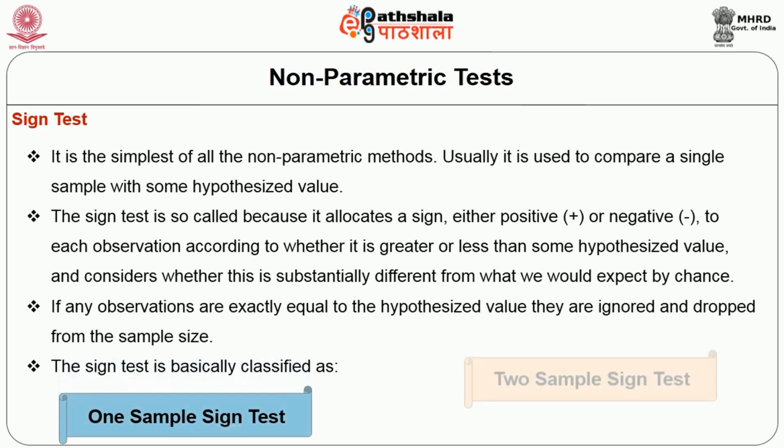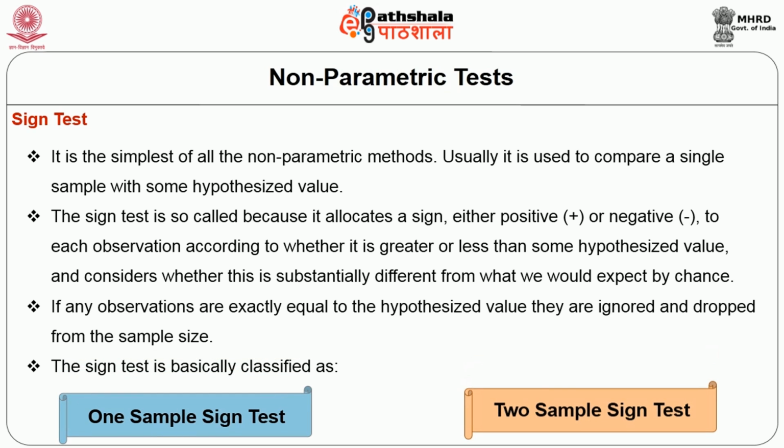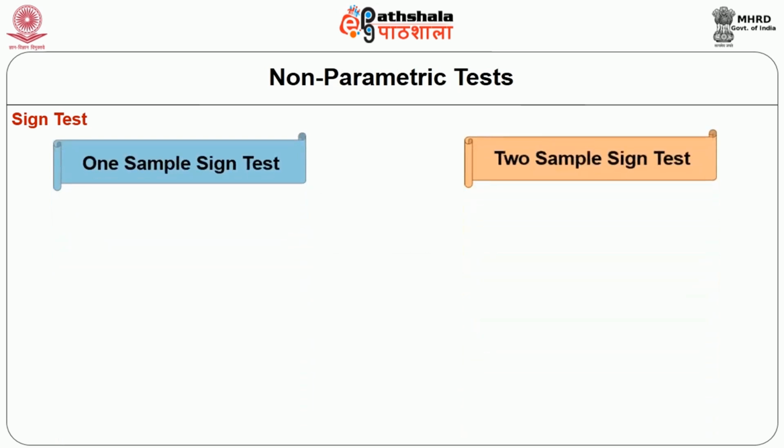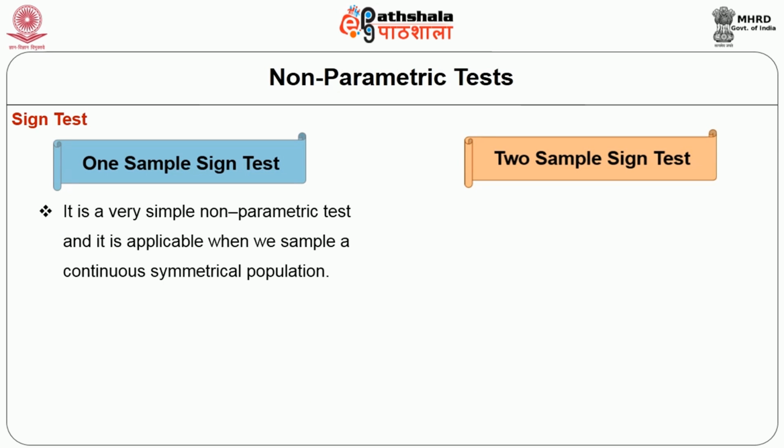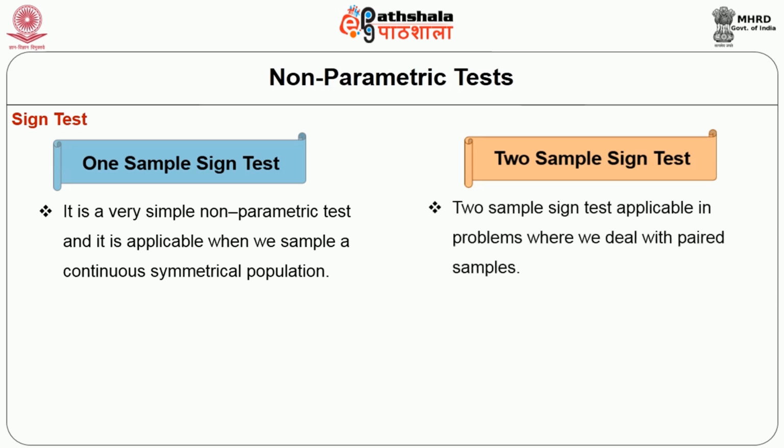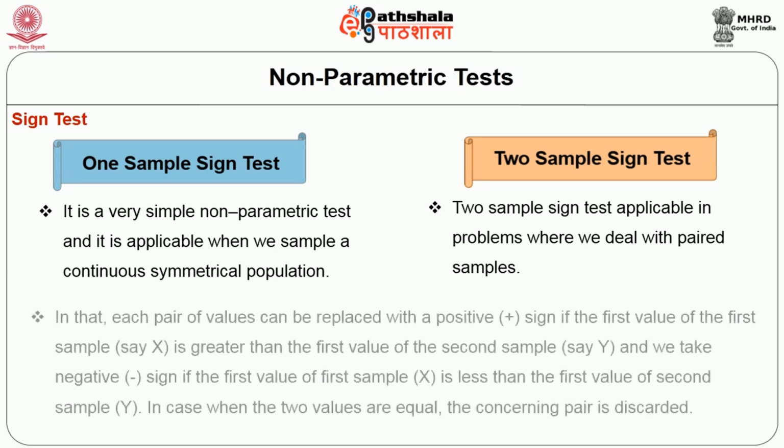The sign test is basically classified as one sample sign test and two sample sign test. The one sample sign test is a very simple non-parametric test and is applicable when we sample a continuous symmetrical population. On the other hand, the two sample sign test is applicable in problems where we deal with paired samples.